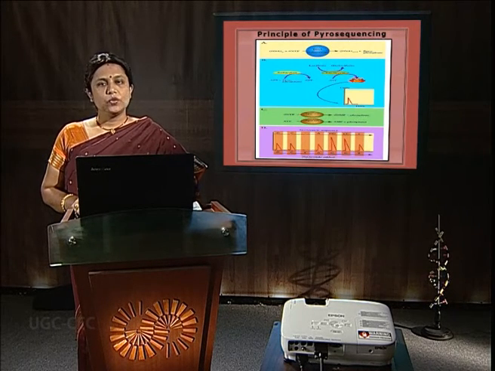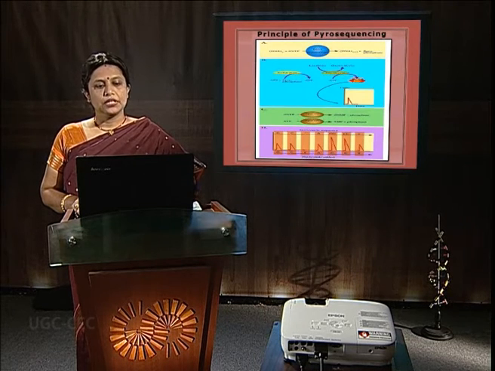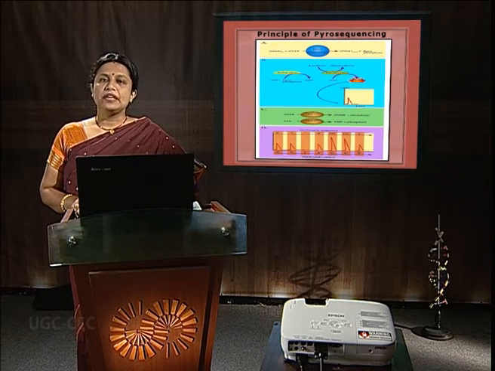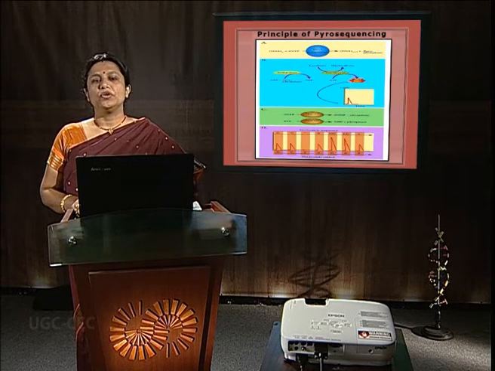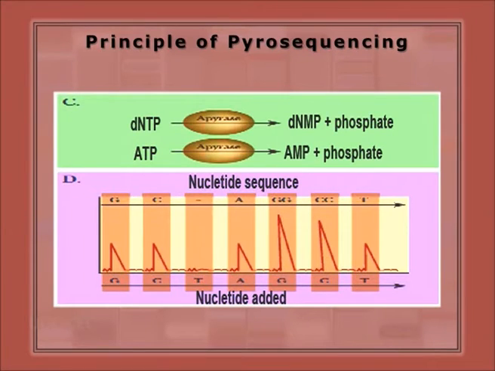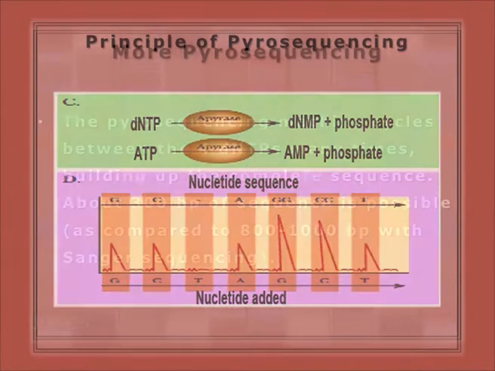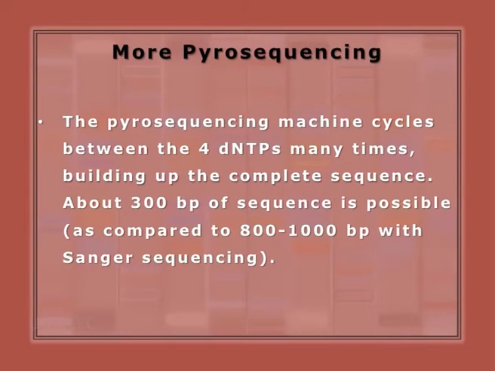Thereby the sequence is understood, and the important step is that after addition of each class of nucleotide, the treatment is done with apyrase to inactivate the unused dNTPs, and see how the sequence is read in pyrosequencing. And what we can see here is that we can read about 300 base pairs of sequence in pyrosequencing.